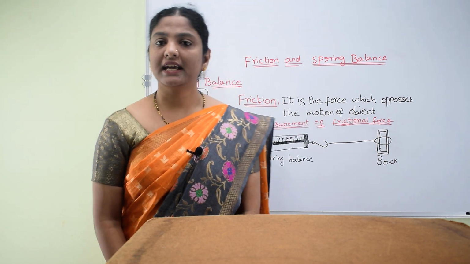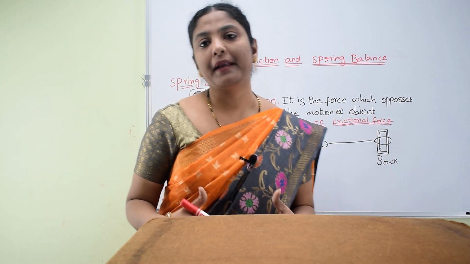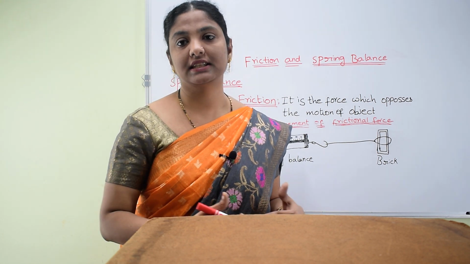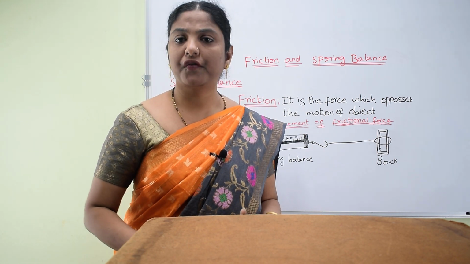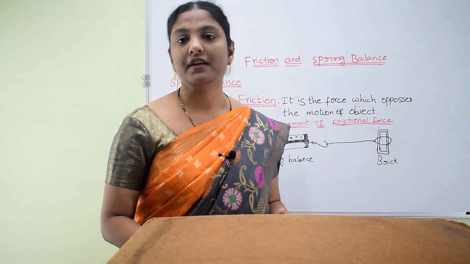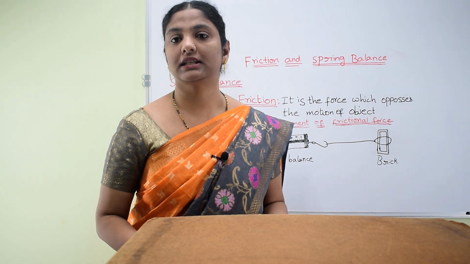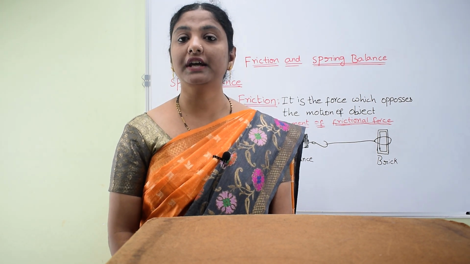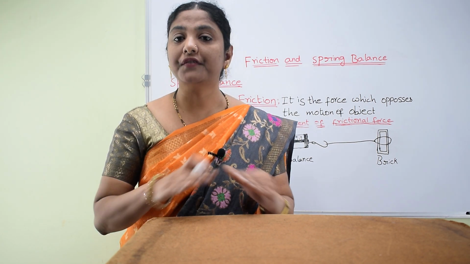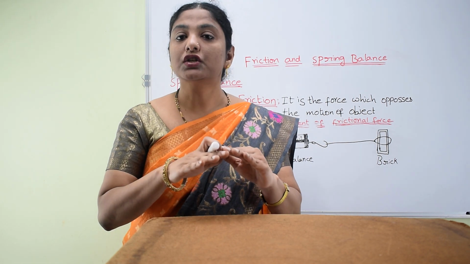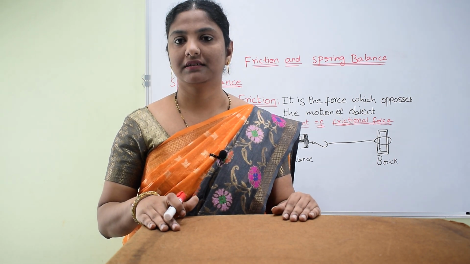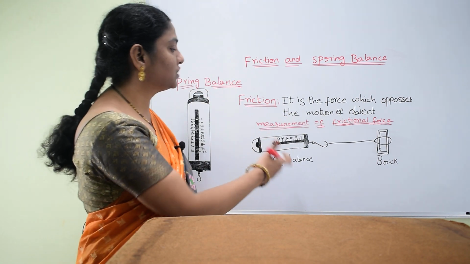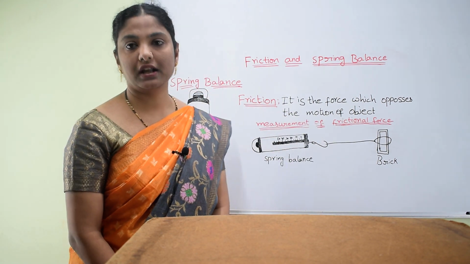By that we can say that if the force applied to move is less, then the frictional force is less. If the force applied is more, then the frictional force is more. Like that we find the frictional force on rough surfaces and on smooth surfaces. This is about how to measure the frictional force.